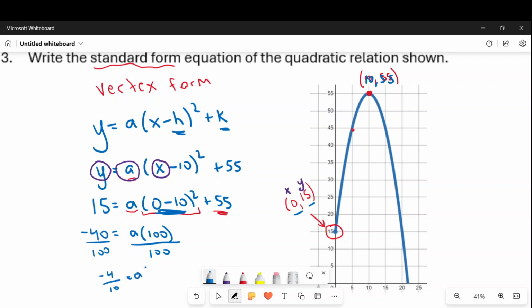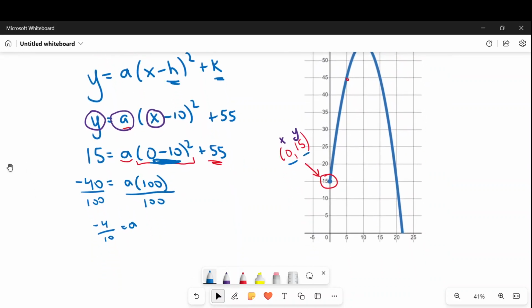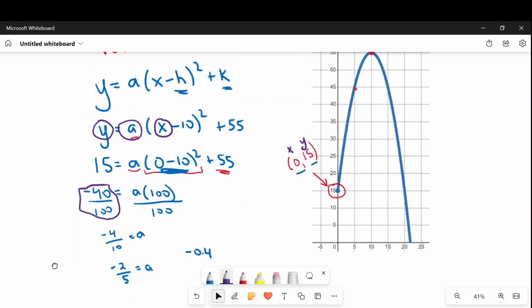which actually reduces even further. So I already reduced negative 40 over 100, but that reduces even more to negative 2 over 5. If you wrote negative 0.4, that's good, it's correct. But again, as much as possible, we like to work in the world of fractions. So now I can write the equation of the parabola in vertex form.